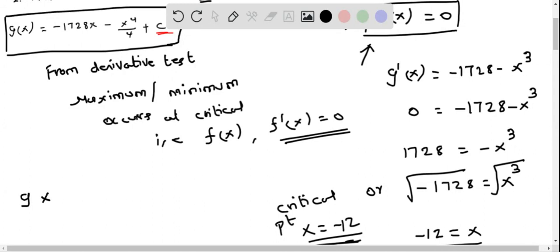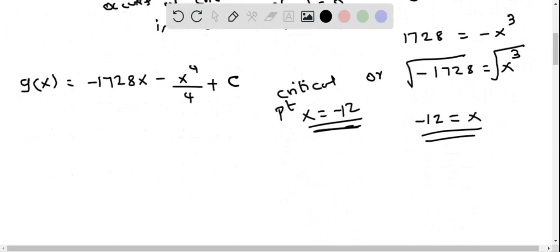I copy the function g of x, that is -1728x minus x power 4 by 4 plus c. We have to replace x with -12 and g of x with 9. This is the maximum value of our function at the critical point, so that's why we replace g of x with 9.